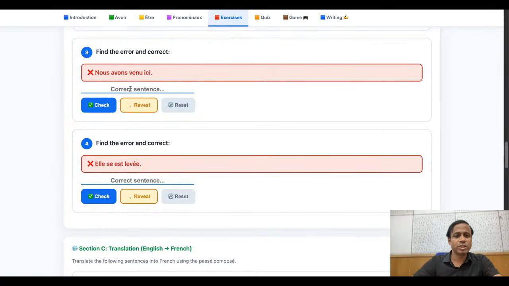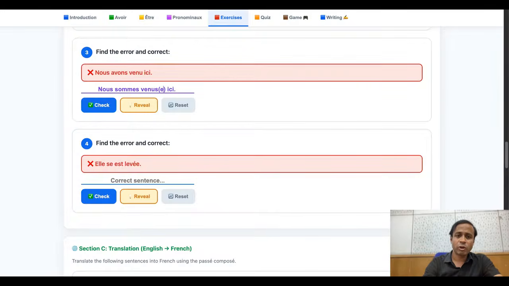Now find the error. Nous avons venu ici. Yes, nous avons venu. What would be the right answer? Nous sommes venus. Yes. Nous sommes venus ici. But you remember, venu can be masculine or feminine, and accordingly you have to make the change. If it is feminine, then you have to add an extra e.